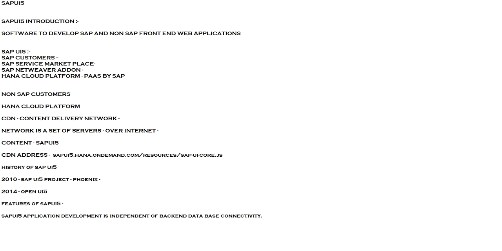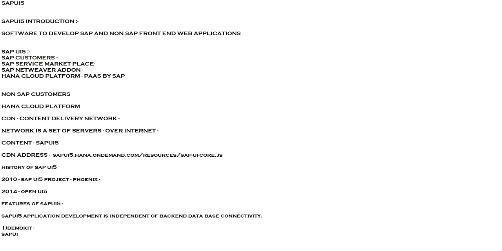And now one very important feature of SAP UI5 is the demo kit. Demo kit is the first feature of SAP UI5, and we have already seen this demo kit. There are two websites through which we can access the demo kit.